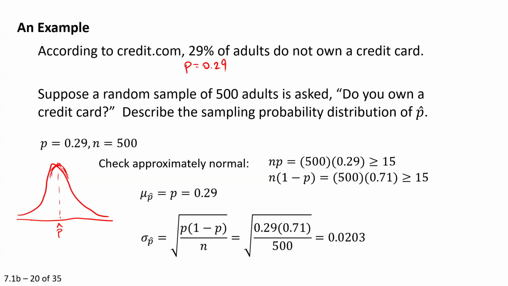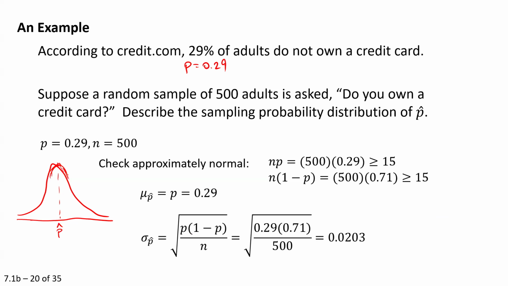Okay, let's take a step back. So, what's being talked about here? What's this problem all about? Yeah. What specifically are we measuring? 29% of adults, what? Do not own a credit card.